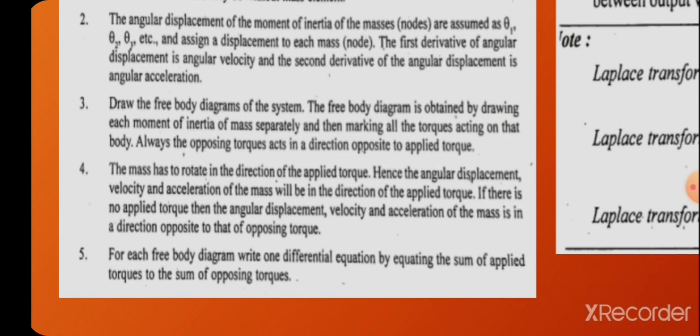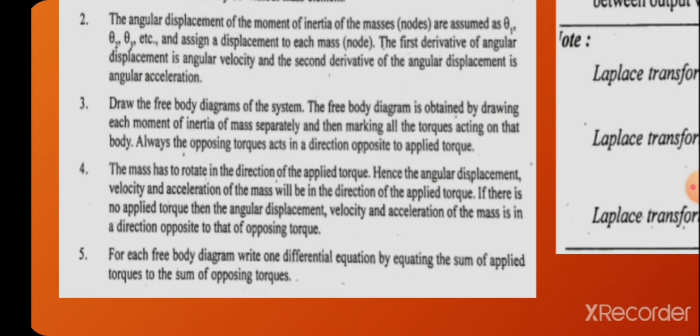This is a direction sign convention when we are drawing a free body diagram. We have to indicate the applied torque and opposing torques, and the angular displacement will be in the same direction as the applied torque. That is the point in the fourth step.